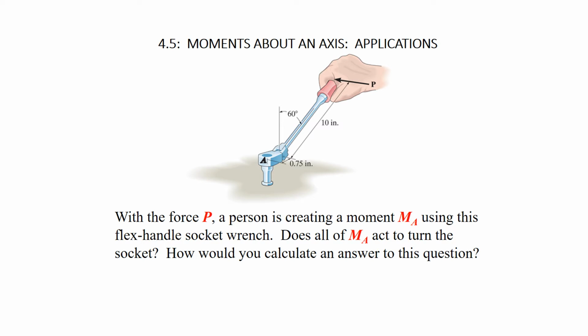In fact, only the portion that's aligned with the axis of the screw is effective. But how would we calculate an answer to that? We'd have to take the moment that we actually apply, so you already know how to calculate moments about a particular point, and then find out what portion of that moment is aligned in the direction of the screw. So that's just a little bit more that we need to add on to what you already know how to do.